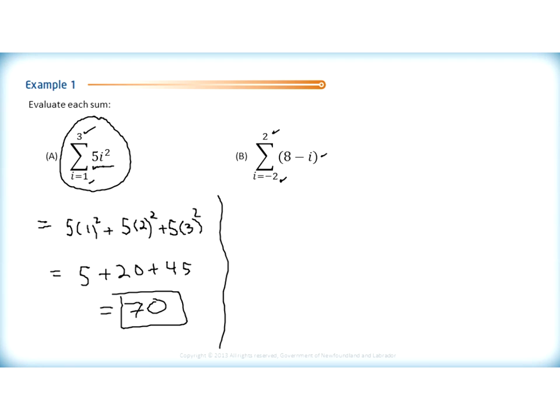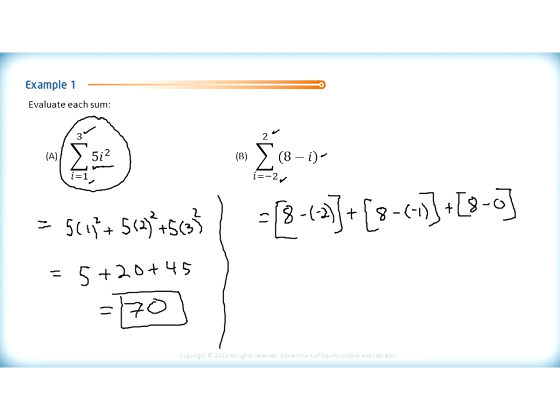So our first term for this one is going to be 8 subtract -2. Our second term is going to be 8 subtract -1. And our third term will be 8 subtract 0. And 2 more.